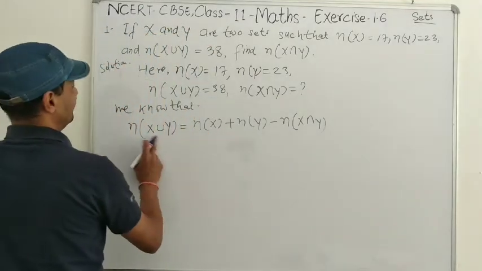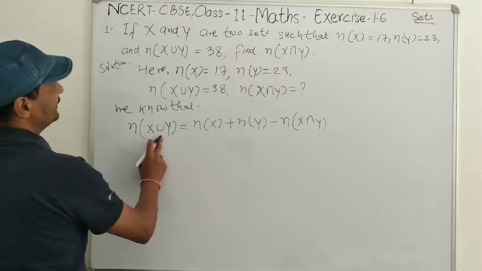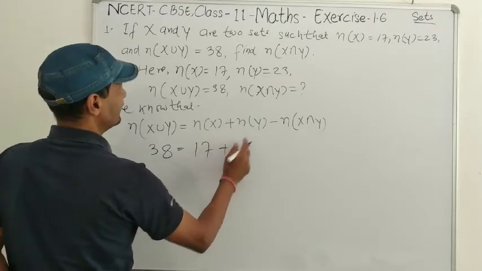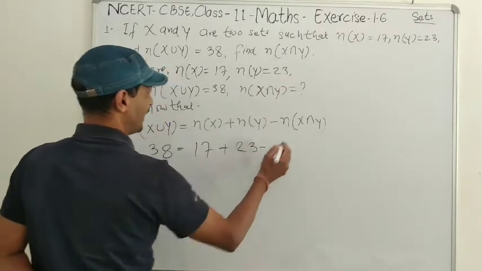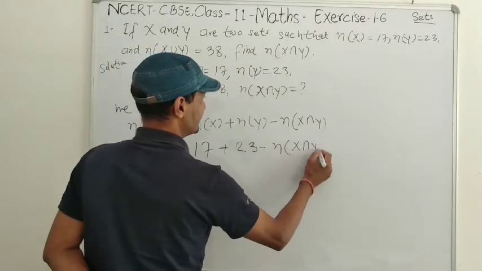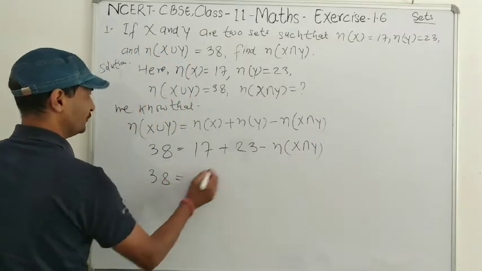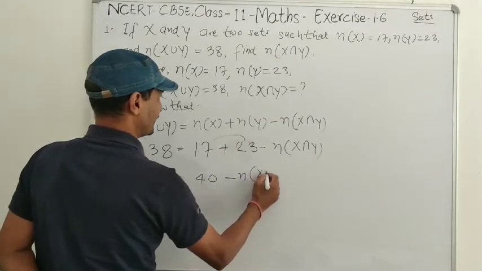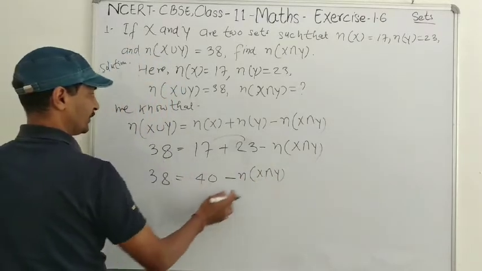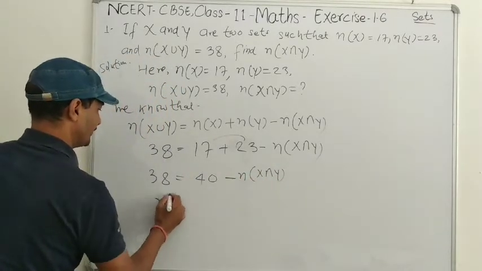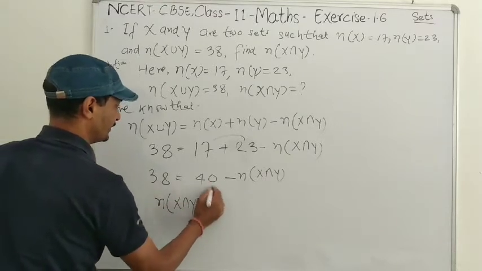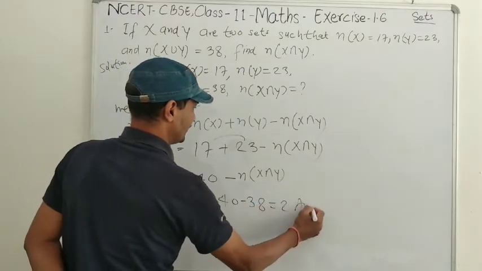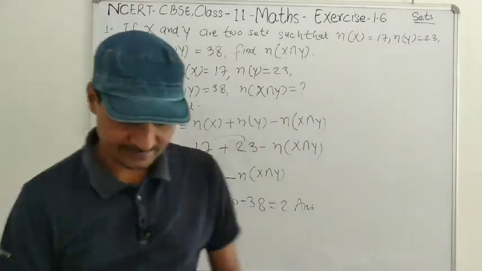So n(X union Y) is given as 38, n(X) is 17, n(Y) is 23, minus n(X intersection Y). Now 38 equals 40 minus n(X intersection Y). Transposing, n(X intersection Y) equals 40 minus 38 equals 2. So it is the required answer of question number 1. Very easy if you know the formulas.